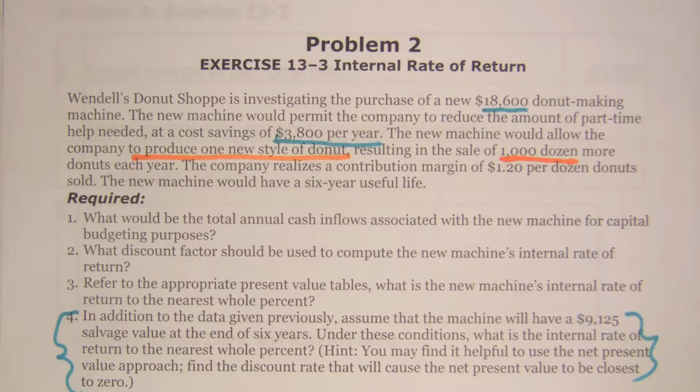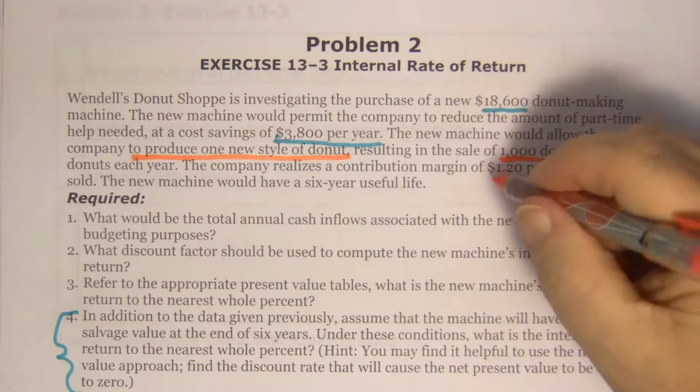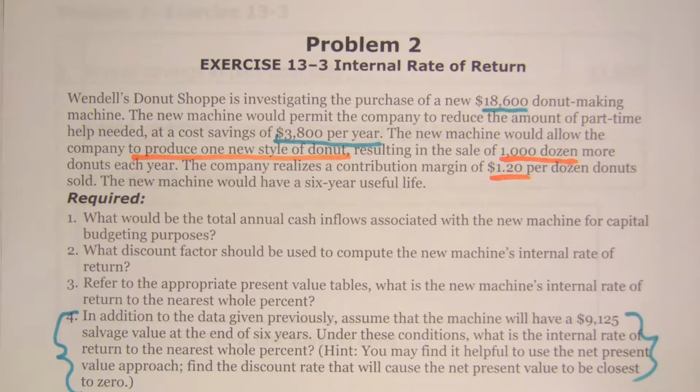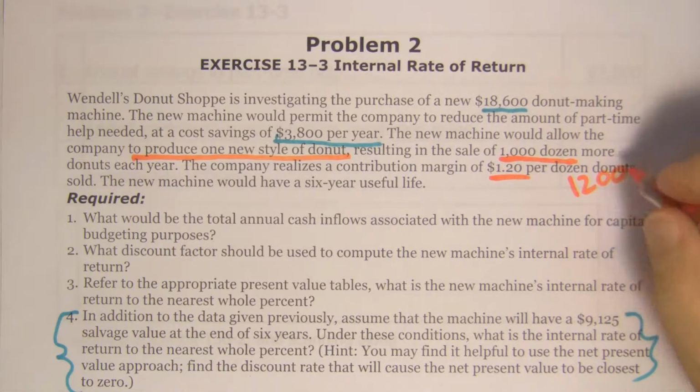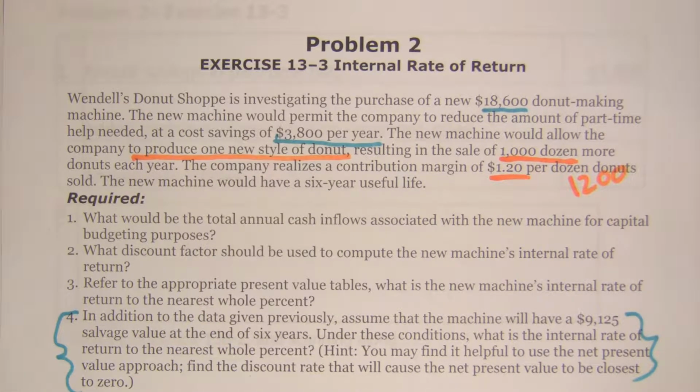The company realizes a contribution margin of $1.20 per dozen. So they'll be getting an additional $1,200 from the new style donut.